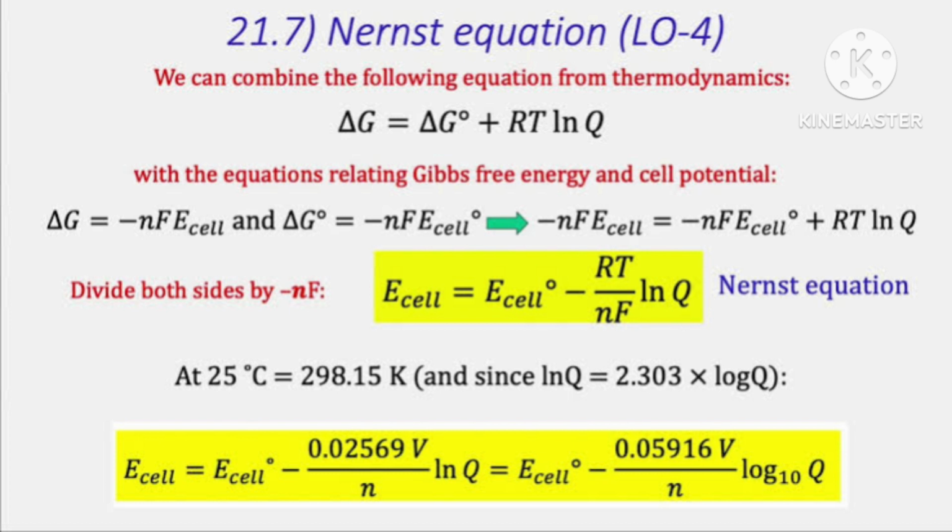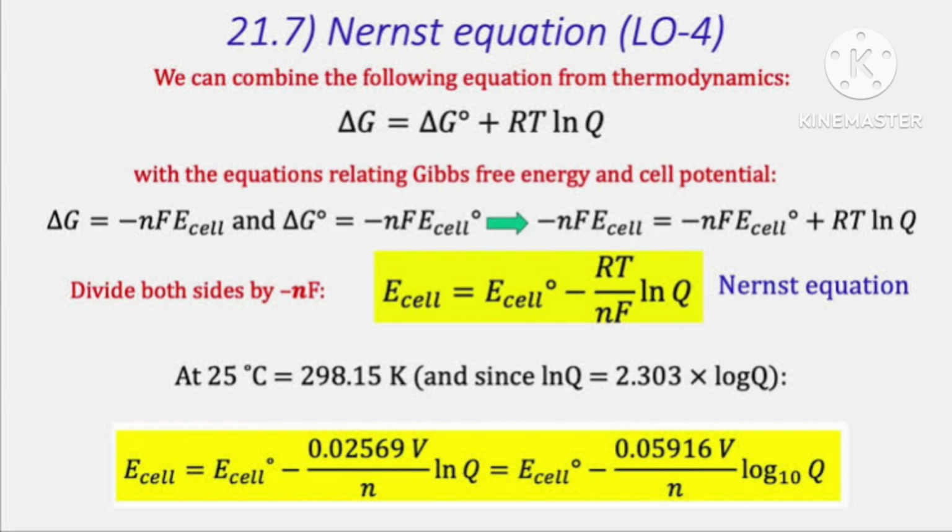Or in full form, E cell is equal to E standard cell minus 2.303 RT divided by 2F, where 2 is the number of electrons, log base 10 of the concentration of Zn ion divided by the molar concentration of cupric ion. This is the relation.